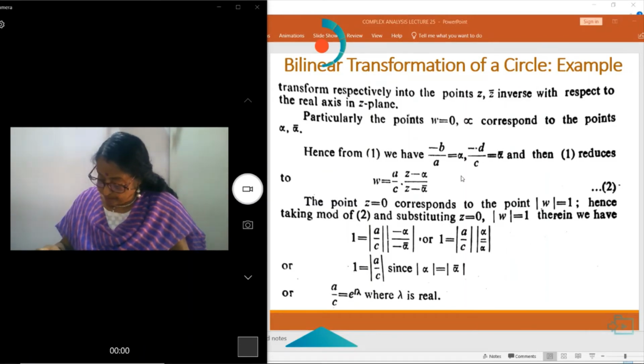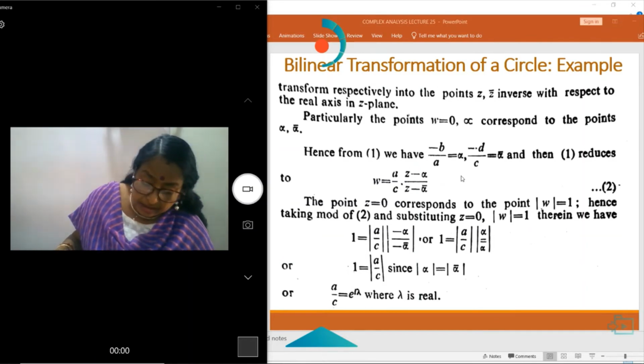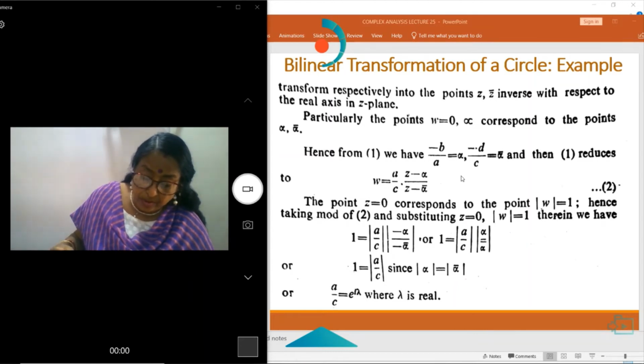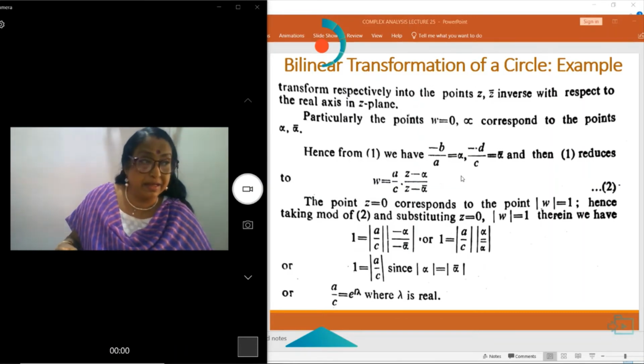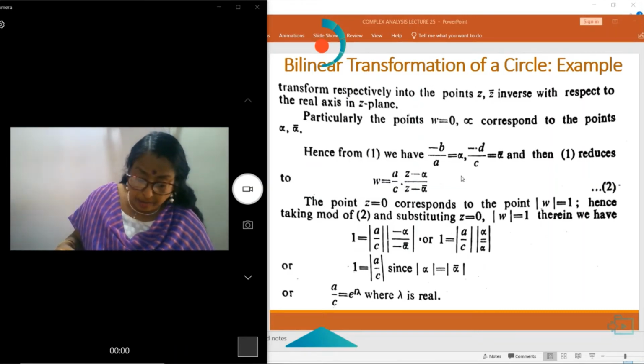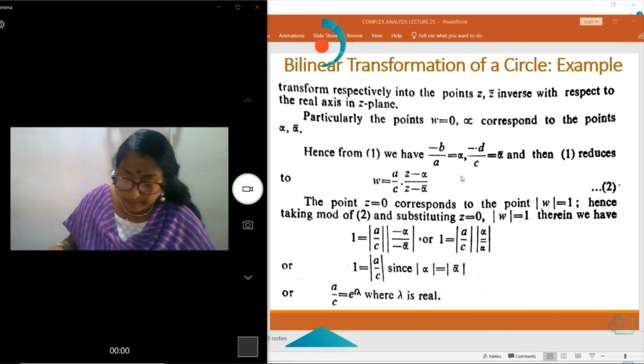In place of Z plus B by A, we write Z minus alpha, and Z minus alpha bar, because W equal to 0 means mod W less than 1 is the interior point of a circle, and for the interior point of the circle the inverse points are alpha and alpha bar.